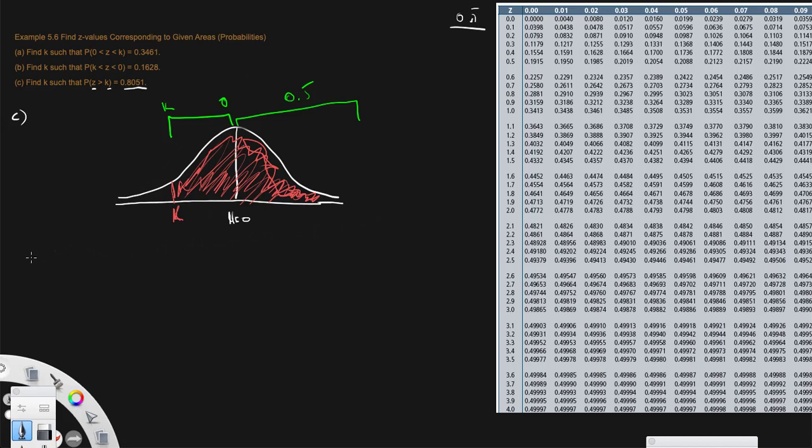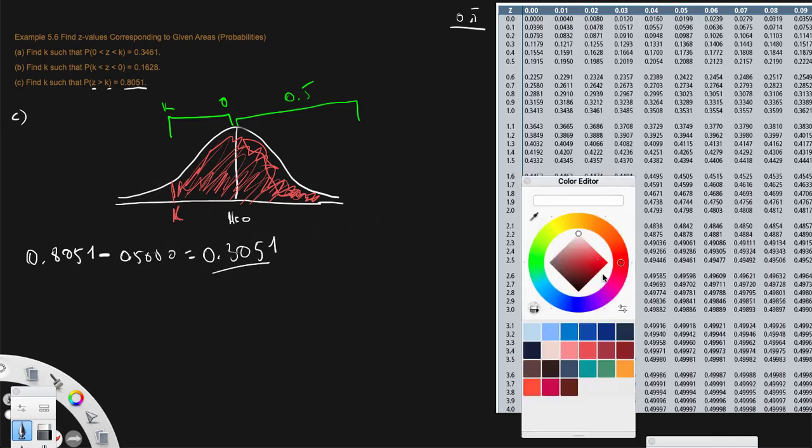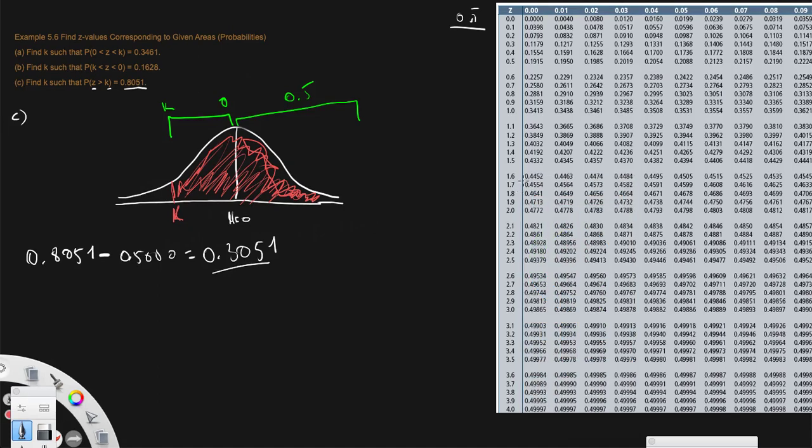So I'm going to subtract 0.5 from 0.8051, which will give me this value. And now this is the value that I'm going to find on this table. Looking for it, let's see, 0.351. We'll look for the closest one.